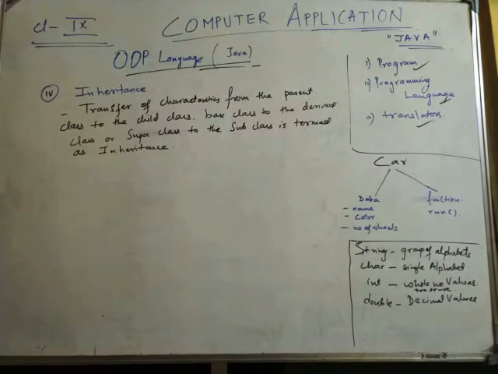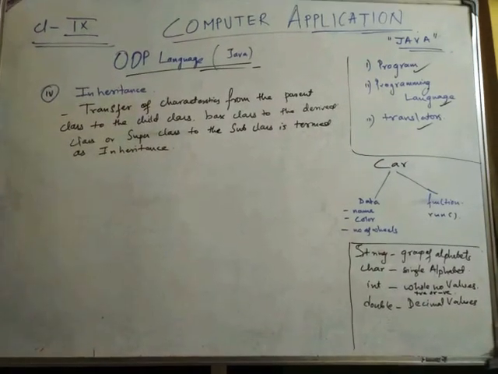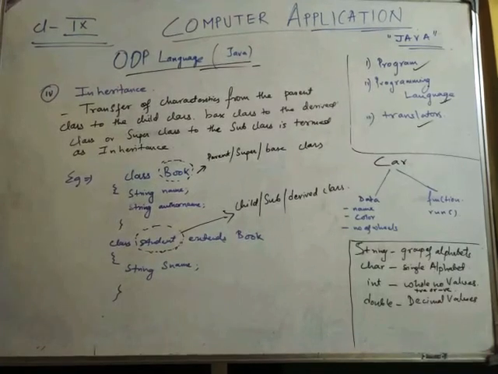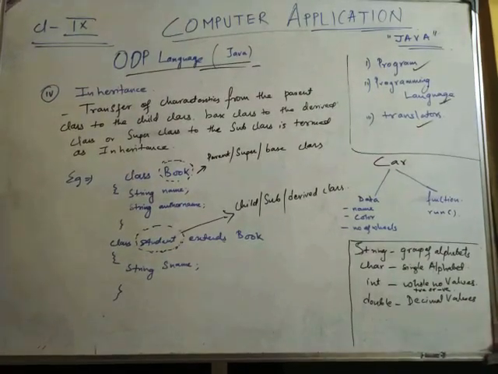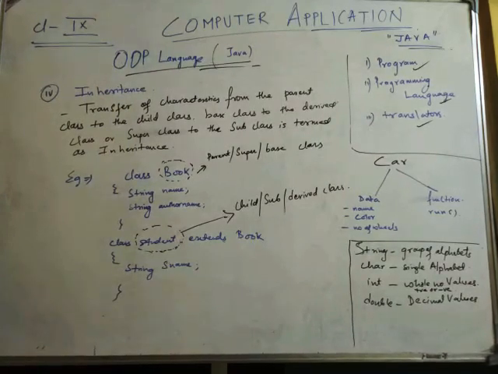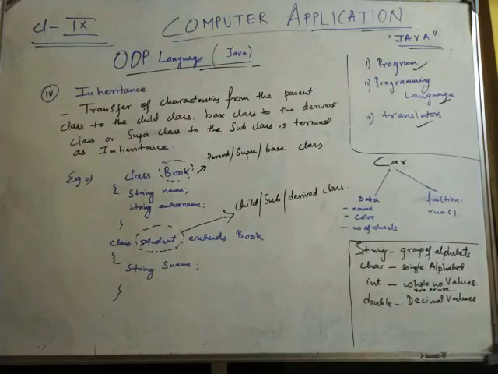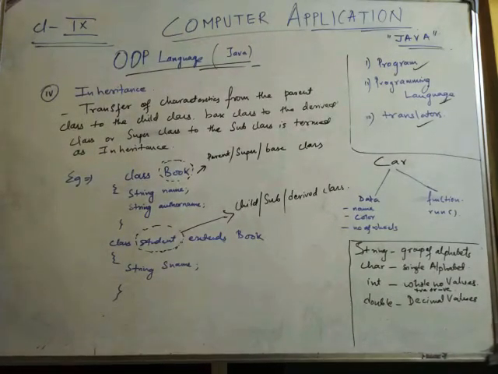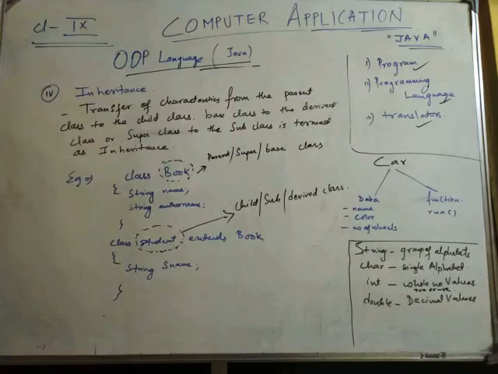How do we write it? Just take an example. If you see here, the class Book that we wrote is the parent class, superclass, or base class. The features of Book are a string name and a string author name. And there is the Student class. There are two classes we have. Now we have used the extends keyword. It will take the features of the parent class, that is Book here.